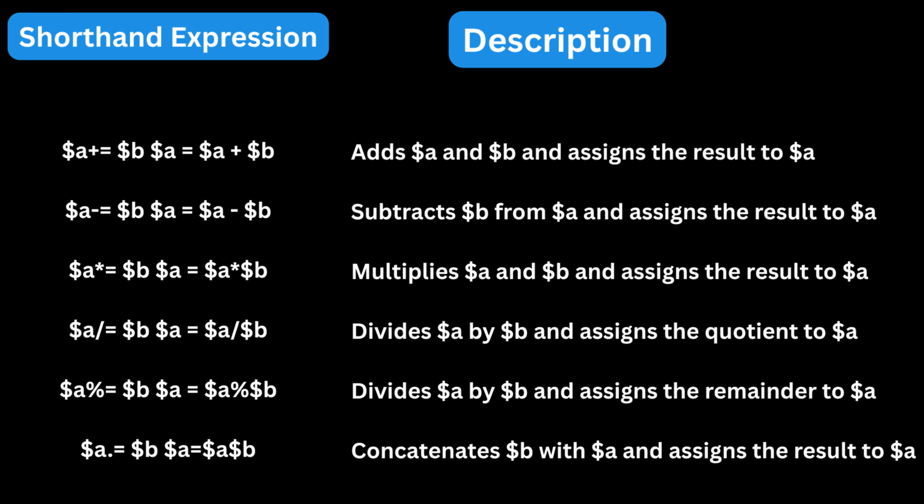In all of these cases, the pattern is the same. The shorthand operator performs an operation between the current value of $a and $b, and then reassigns the result to $a. This makes your code shorter, clearer, and less error-prone because you don't have to repeat the variable name on both sides of the assignment.